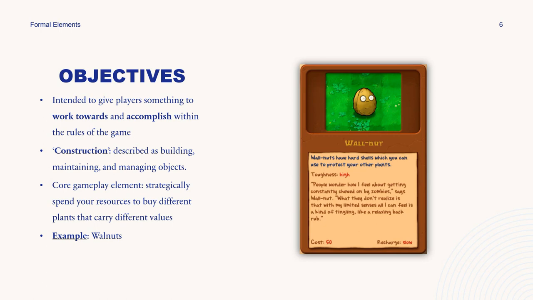The core gameplay in this element is to save your resources and buy the plants and the fungi to build up your defense. An example of an object in this game is a walnut. Walnuts are used in defense to stop zombies or slow them down. This is just an example.